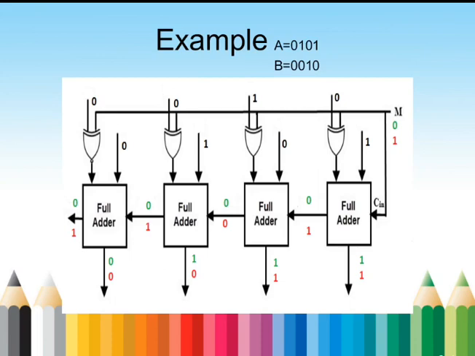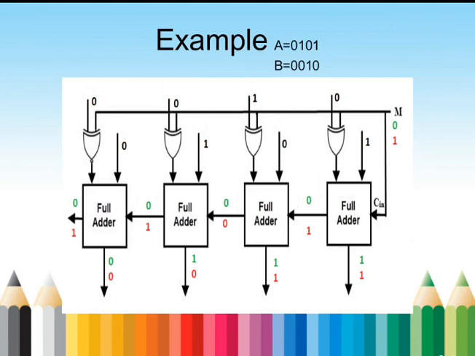So the sum output for the first full adder circuit is 1 XOR 0 XOR 0, that is 1. And for carry, that is Cout, it is 0 into 1 plus 0 into 0 plus 0 into 1. So carry output is 0.